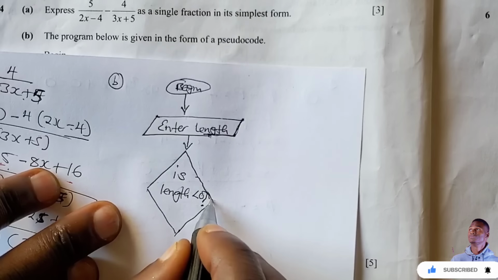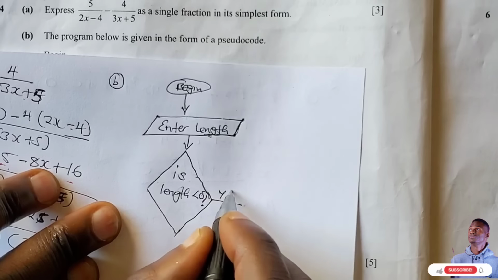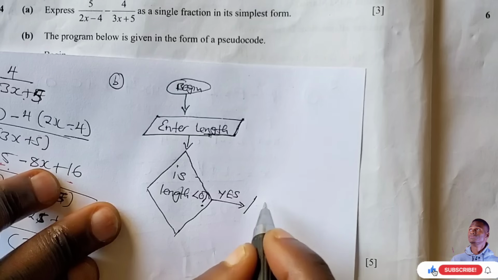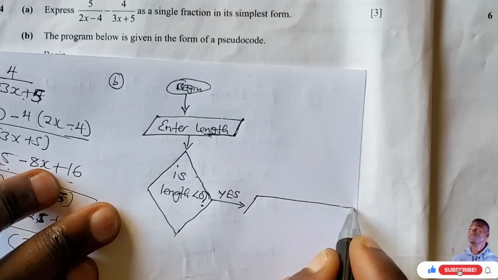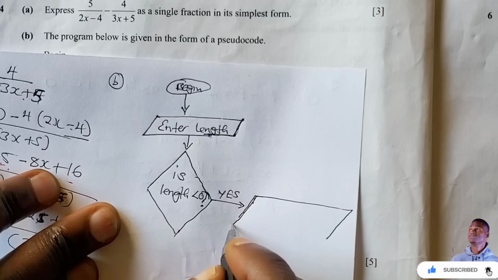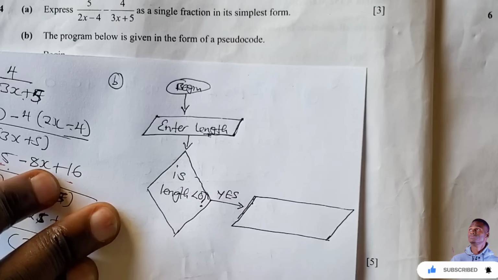Now they say then display error message and re-enter positive length. So if yes, if it is less than 0, what do you do? You print, so we're going to draw a parallelogram. Okay?